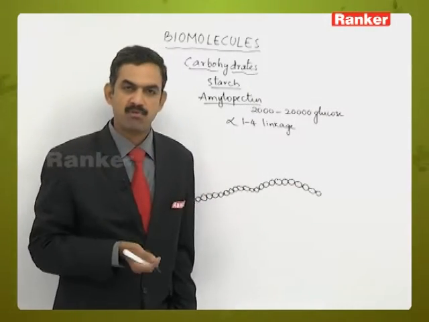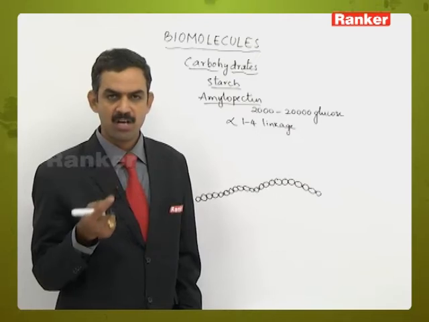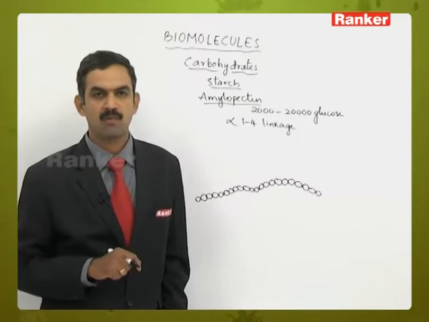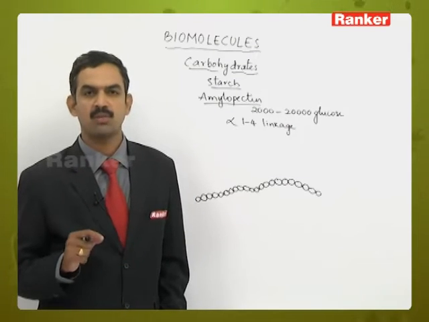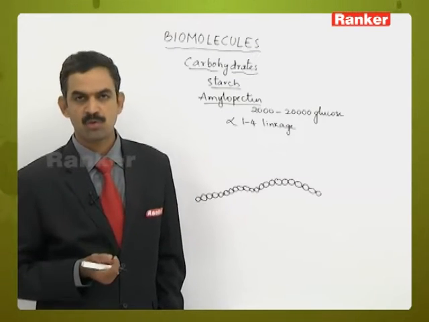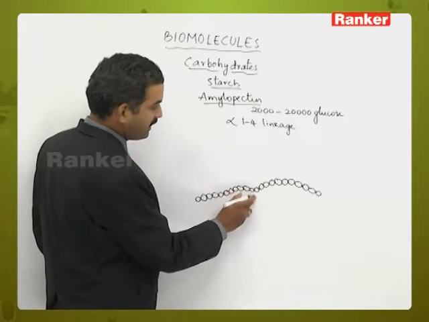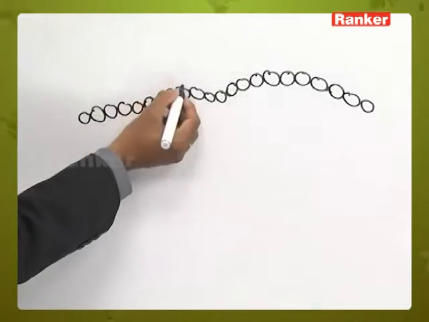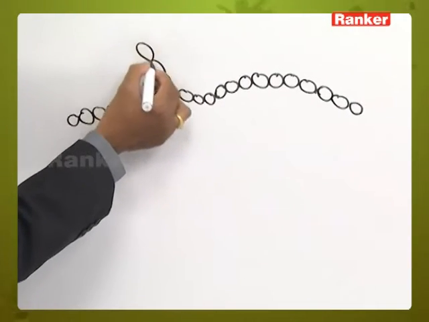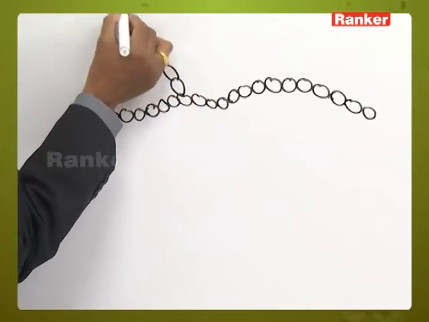That is the same type of linkage that we had seen in the amylose, where the first carbon of one glucose molecule is bound to the fourth carbon of the adjacent glucose molecule. Not only the straight structure, it will have branches also. Side chains are also seen here.